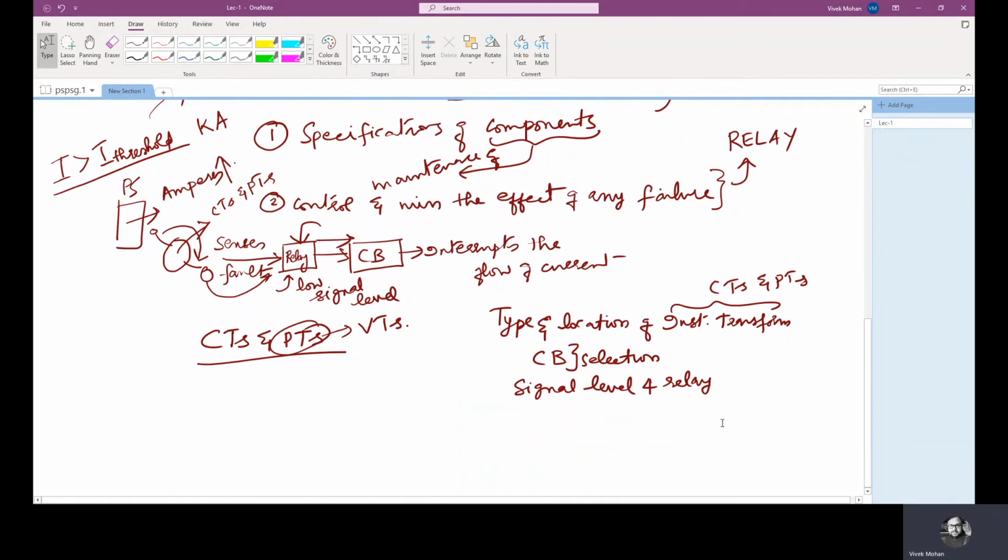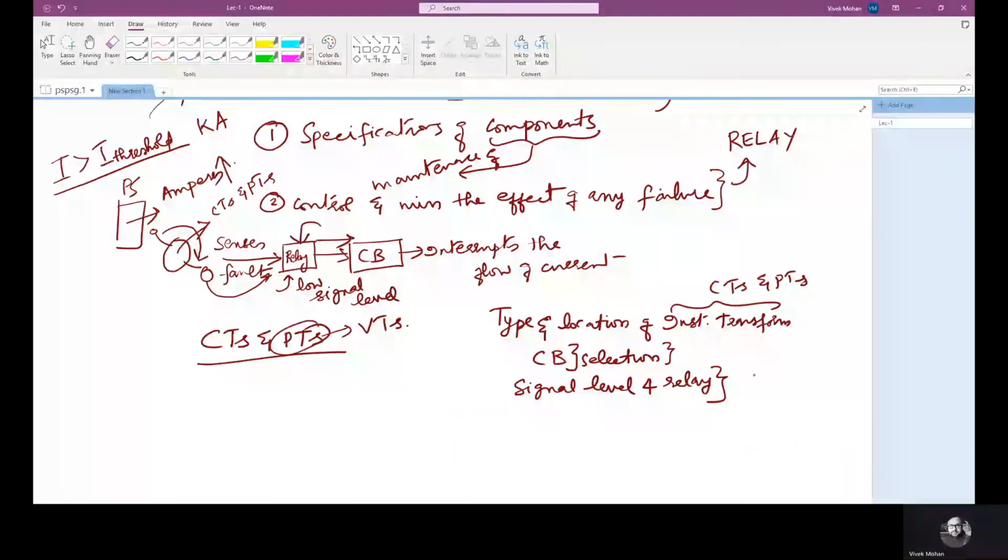Type and location of the instrument transformers, then circuit breaker selection and location also. Mostly between each component a circuit breaker would be there so that each component could be isolated or disconnected from the system to save that particular component. Then the signal level for the relay, how much the current level should be reduced to operate the relay with respect to the actual power system current, the fault current.